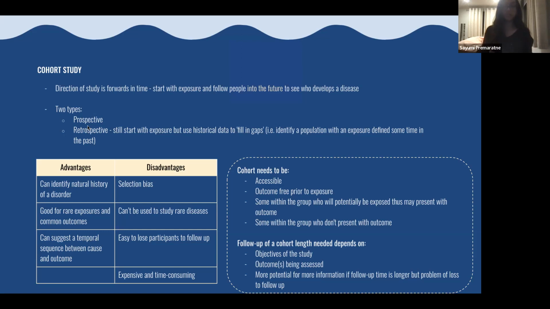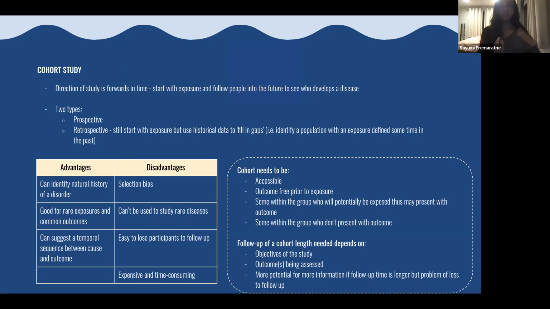So I'm going to find someone who smokes, and then I'm going to follow them into the future to see whether they get lung cancer or whether they don't get lung cancer. Retrospective, we're still starting with the exposure and we're going to follow them into the future to see if they have the outcome. Where the retrospective kind of word comes into play is because we're going to find a person.